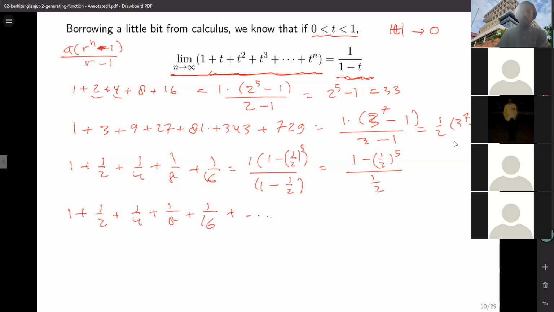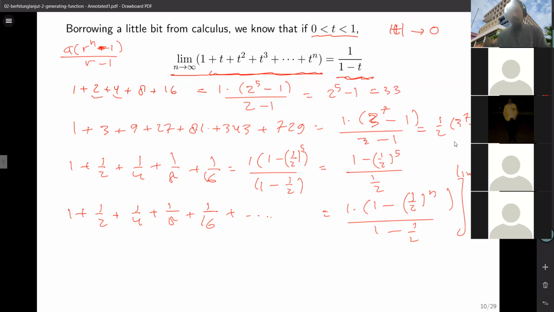Goes to infinity. Then this gives us that this is actually 1 times 1 minus a half power of n, divided by 1 minus 1/2, where n goes to infinity, right?